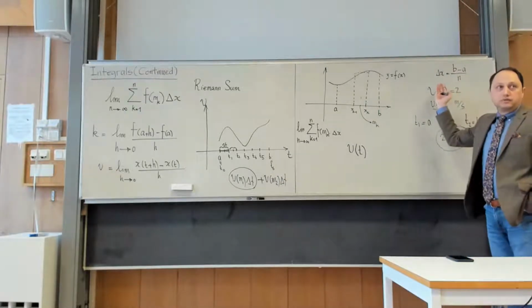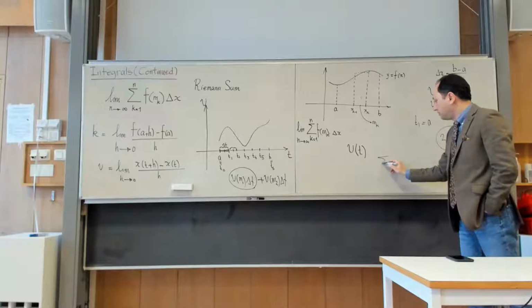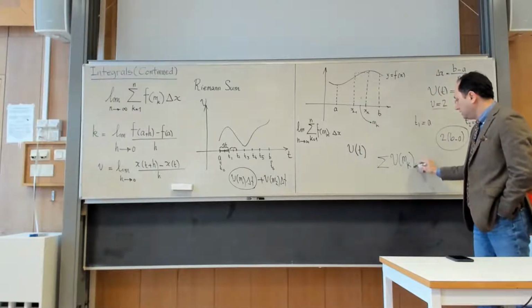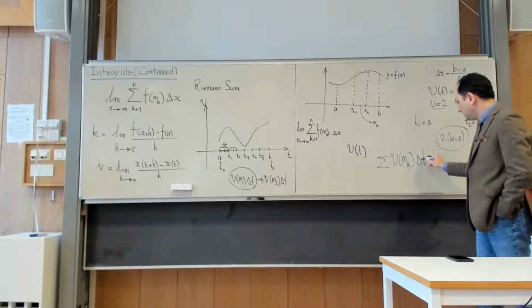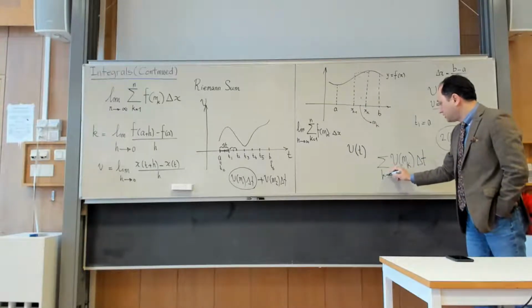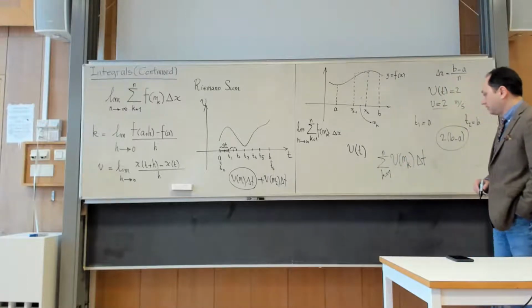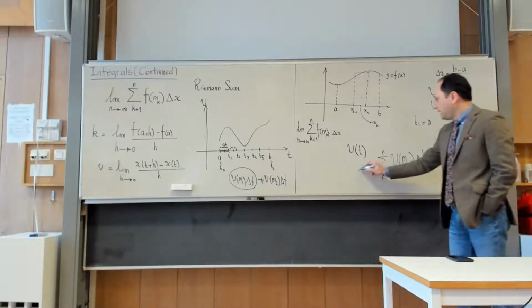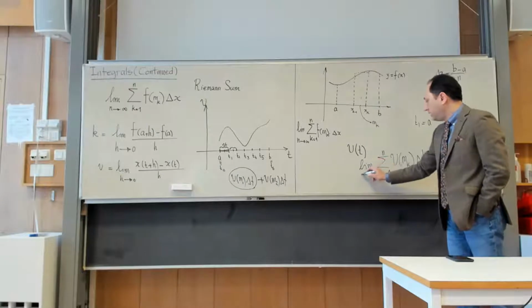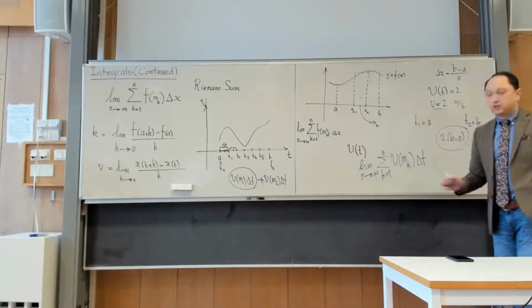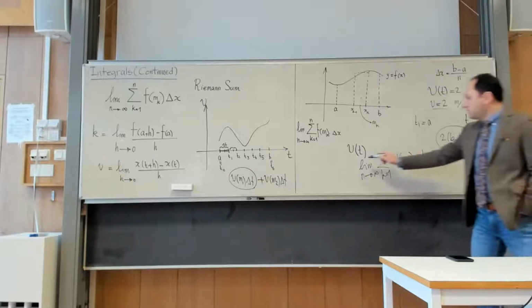N times. Yes. So it becomes sigma v of m sub k delta t. I add them from the first time interval up to the nth interval. And then I will take the limit when n goes to infinity.